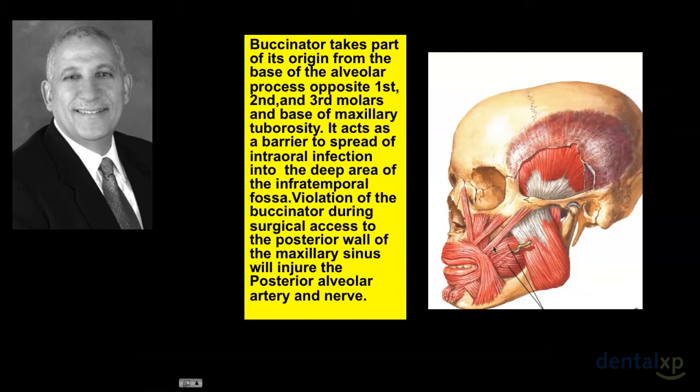And then I want to show you the buccinator. The buccinator takes origin from the base of the alveolar process of the maxilla and the base of the alveolar process of the mandible. We call that the external oblique ridge, and it inserts: upper fibers go to the upper lip, lower fibers go to the lower lip, and the middle fibers crisscross.